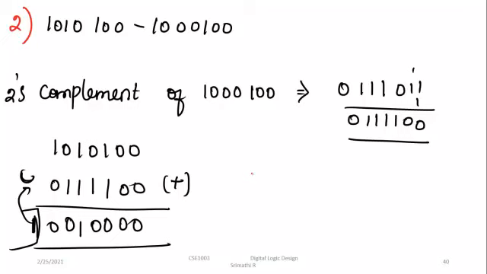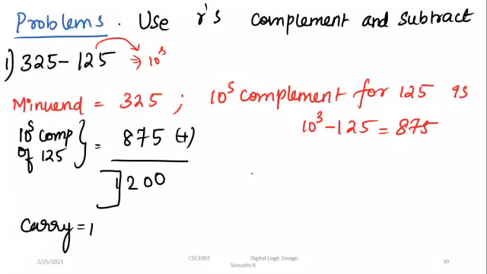So there is a carry, I'll ignore the carry, and I'll take the result for the decimal number.